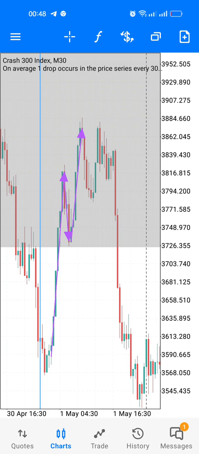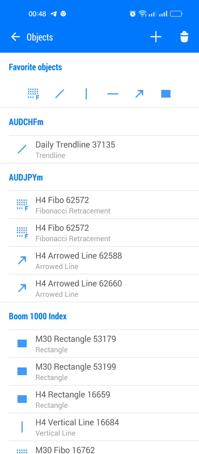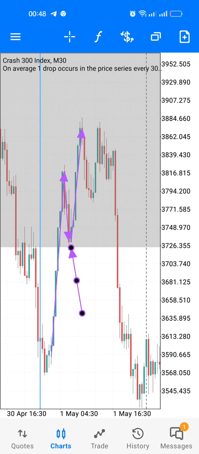So the first structure it made is here, after touching the zone. That's the first structure.